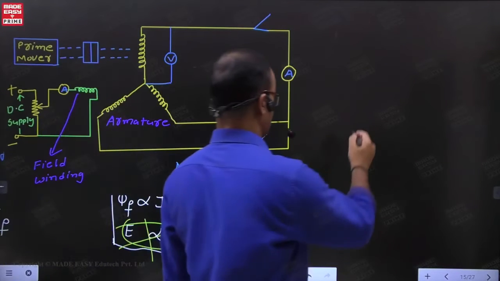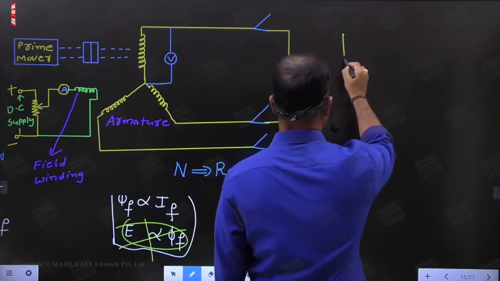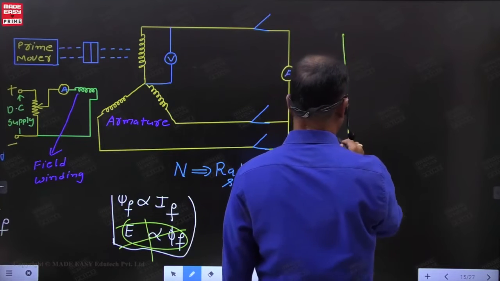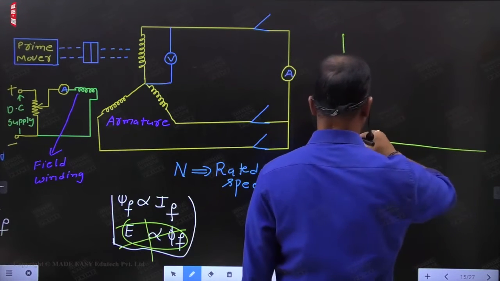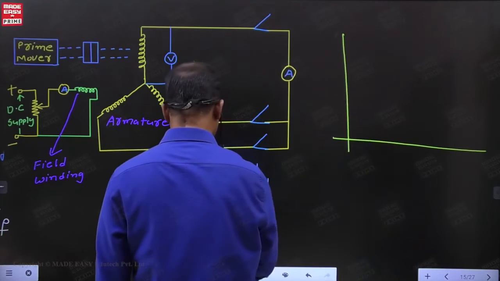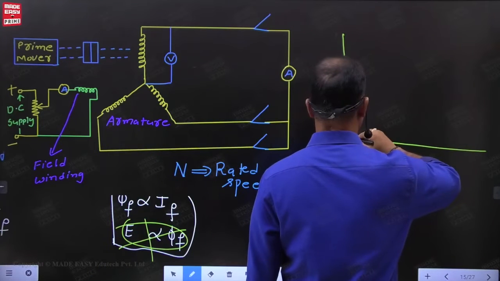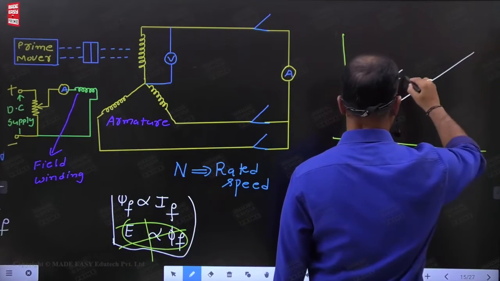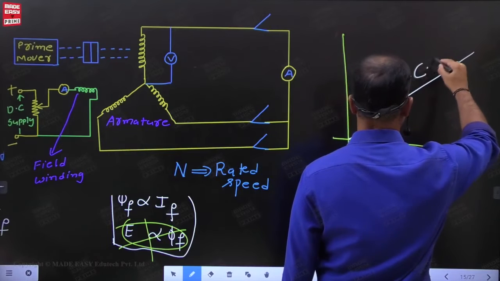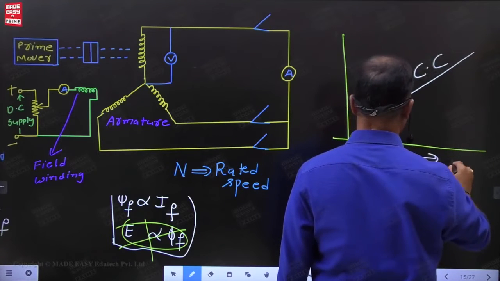From that, if you draw the characteristics, we get it like this. Short circuit characteristics.